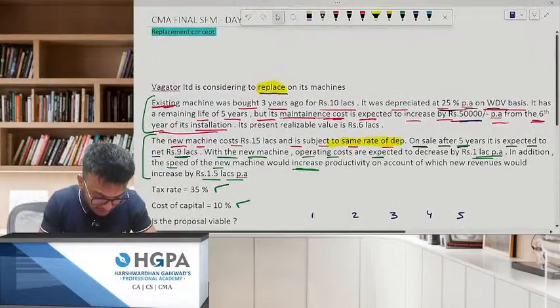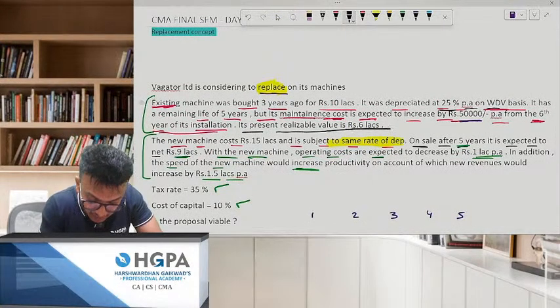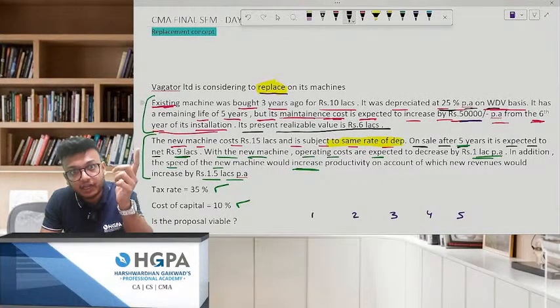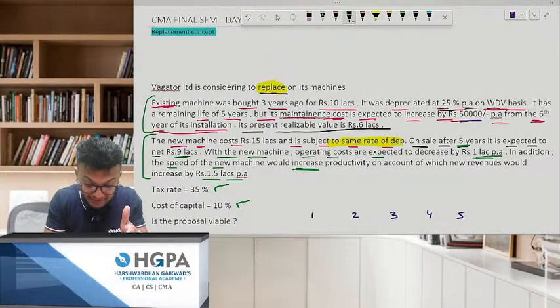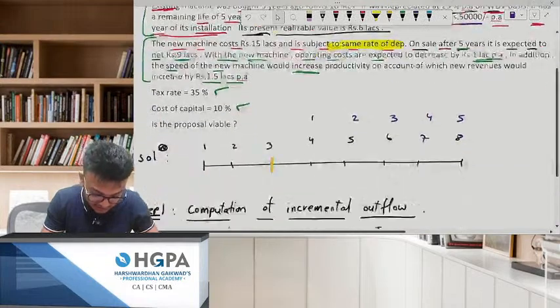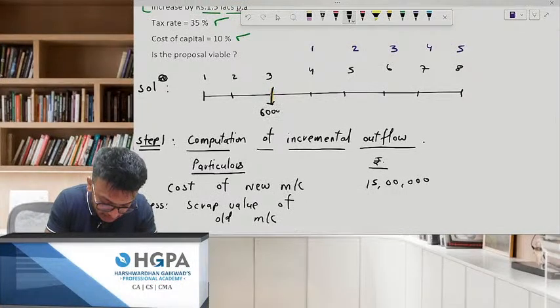So how much is it? See, they have written over here: its present realizable value is 6 lakhs. So is this 6 lakhs the scrap value at the end of third year or at the end of 8th year? No boss. They have written present realizable value, right now, at the end of third year. So this scrap value is 6 lakh rupees.